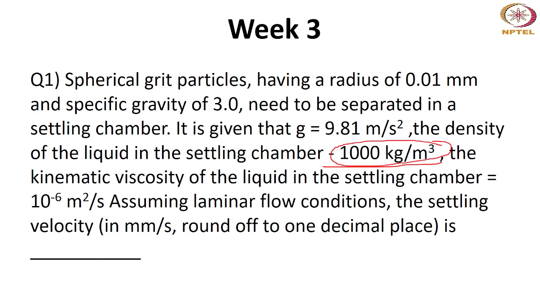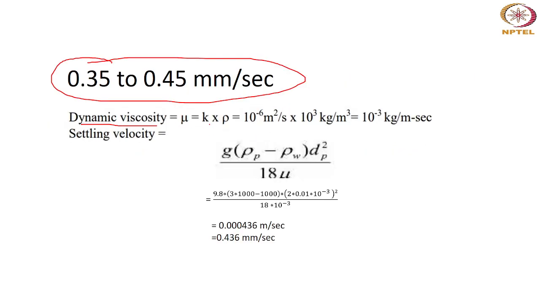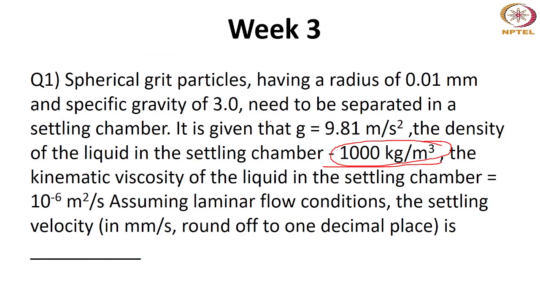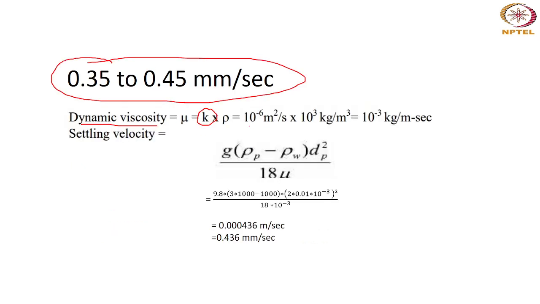So this is my rho value for the liquid, and the nu value is also given, the kinematic viscosity, 10 to the power minus 6 meter square per second, multiplied by the density of the liquid, that is 1000 kg per meter cube. If you do the calculation, you will get 10 to the power minus 3 kg per meter second.